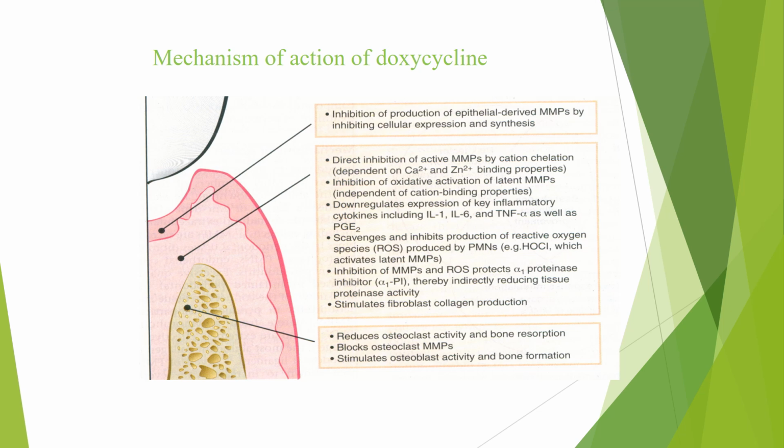It scavenges and inhibits the production of reactive oxygen species, and inhibition of MMPs and ROS protects alpha-1 proteinase and stimulates fibroblast collagen production. In the bone, it reduces osteoclast activity, thereby reducing bone resorption, blocks osteoclast MMPs, and stimulates osteoblast activity and bone formation.